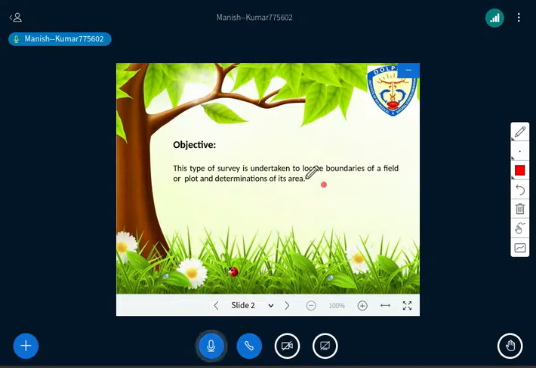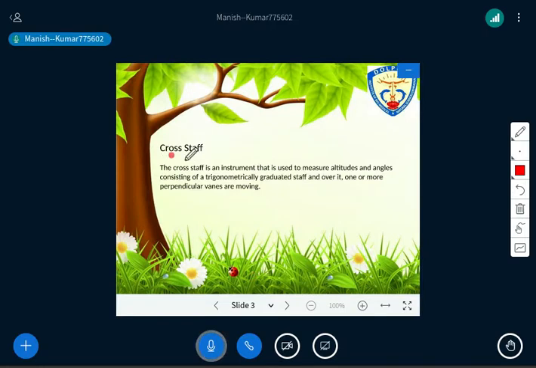Again, go for this statement: to locate the boundaries of a field or plot and determine its area. This is the basic objective of cross staff surveying, right? The cross staff is a basic instrument to measure angles, consisting of a trigonometrically graduated staff, and over it one or more perpendicular vanes are moving.